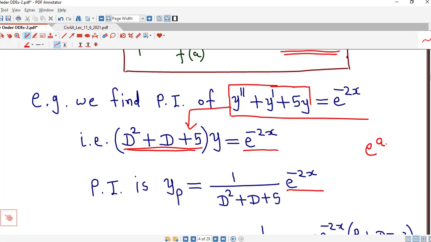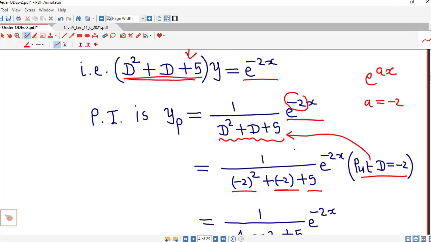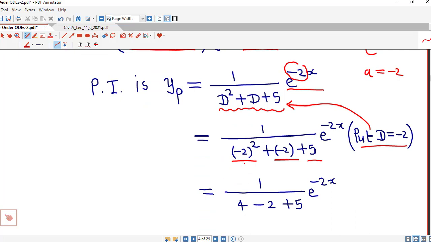Now if we compare with e raised to ax, here a is minus 2. So we find the value of this function at a equal to minus 2. If we put a equal to minus 2, we have (minus 2) square plus (minus 2) plus 5. Here we are putting D equal to minus 2 in this function of D, and this is going to be 4 minus 2 plus 5, and this is going to be 7.